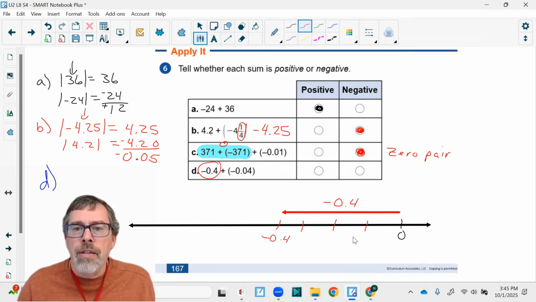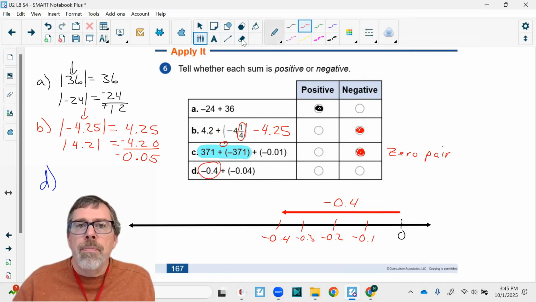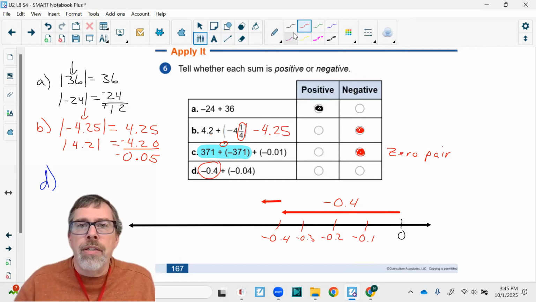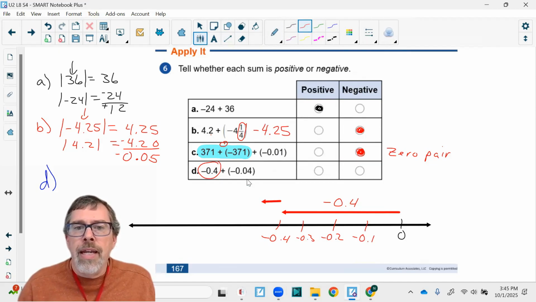These are tenths, negative 0.1, negative 0.2, negative 0.3, and negative 0.4. That's the length of this. Then if I draw another arrow from here that goes out just a short distance, and it's a length of negative 0.04, 4/100ths, negative 0.5 is here.